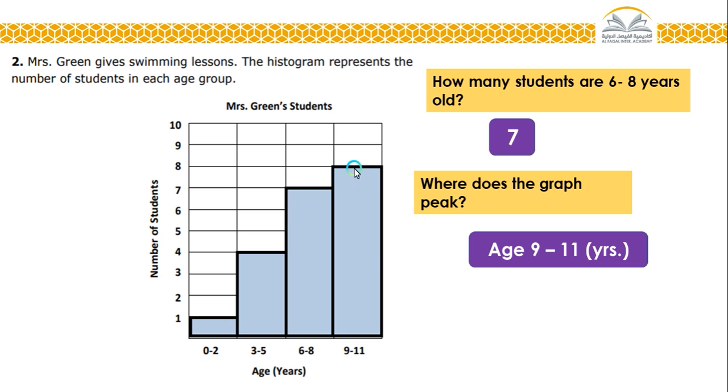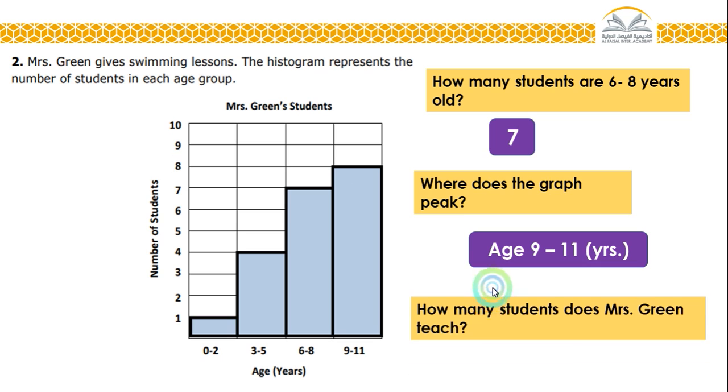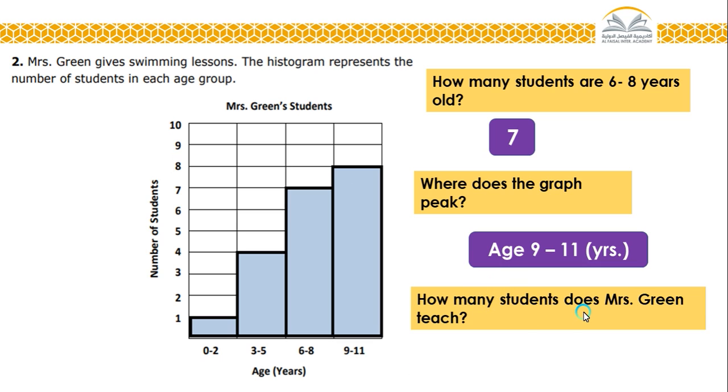Yes, between age 9 to 11 is the highest. And how many students does Mrs. Green teach? Now here you're going to add 1 plus 4 plus 7 plus 8, and that will give you approximately 20 students.